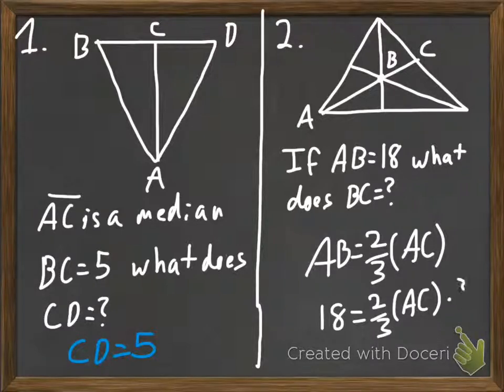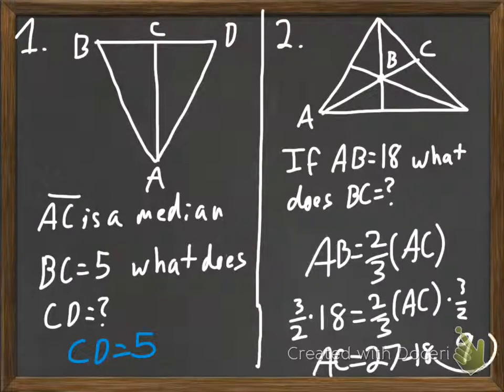So we multiply by 3/2, and we find out that AC equals 27. Well, if we do 27 minus 18, that gives us 9. So 9 is what BC equals.